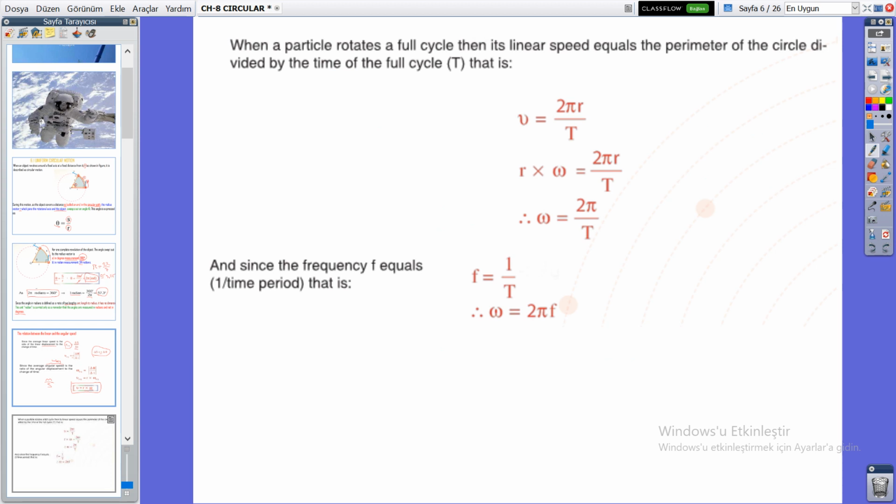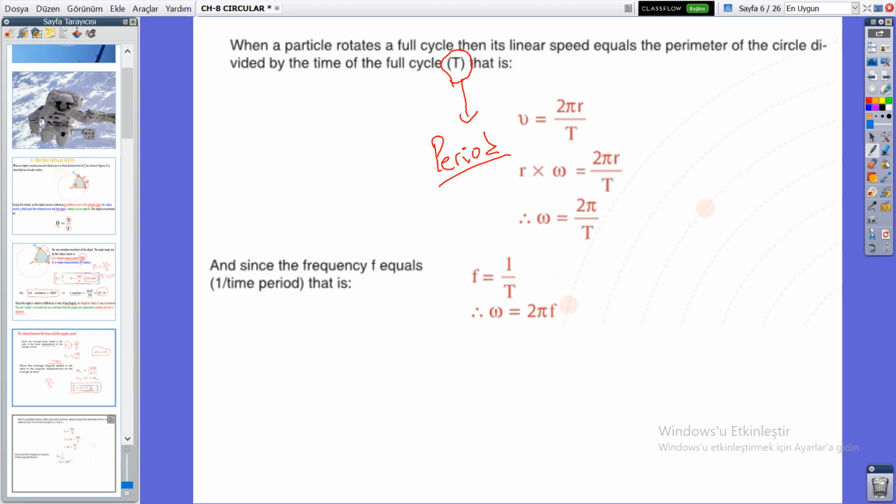When a particle rotates one cycle, its linear speed equals the perimeter of the cycle divided by the time of the full cycle. We show this with capital T, which means period.